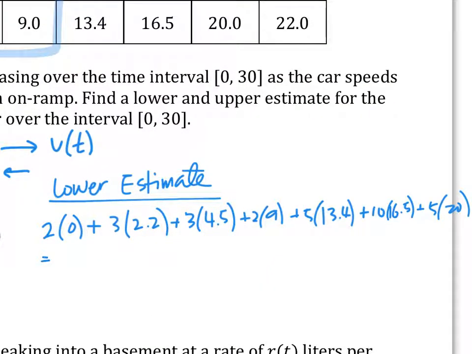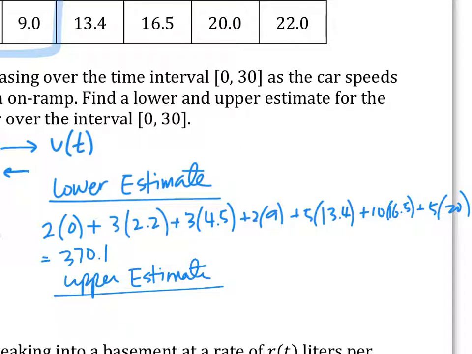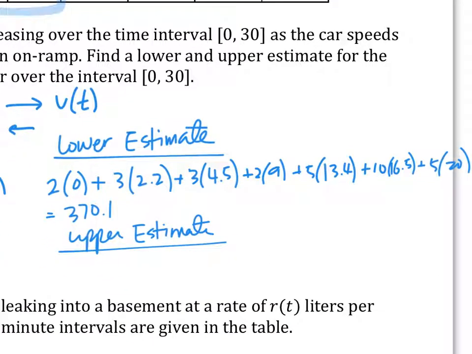Okay, what'd you guys get for the lower estimate? Yeah, 370.1. All right, and then let's go ahead and have you do the same with the upper. All right, so the upper estimate, you're gonna use the same width, but this time you're gonna use the higher length.